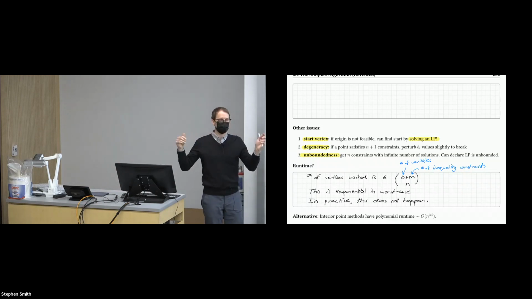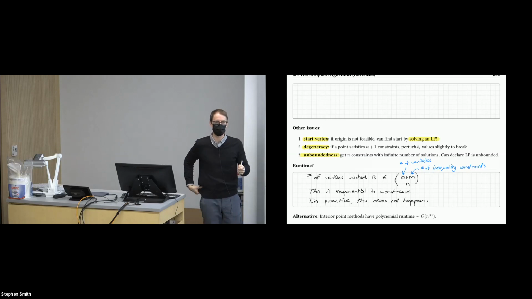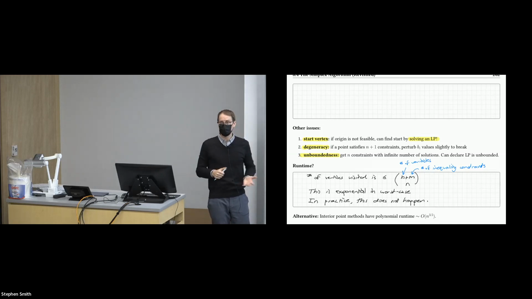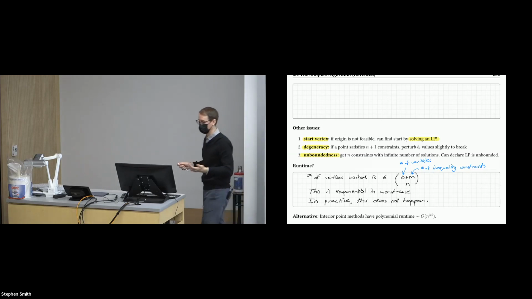However, someone has constructed an example that shows there exists a feasible space for which the simplex algorithm will visit an exponential number of vertices, meaning its worst case runtime truly is exponential. However, just give it a random LP and it won't do that typically, so it runs fast.